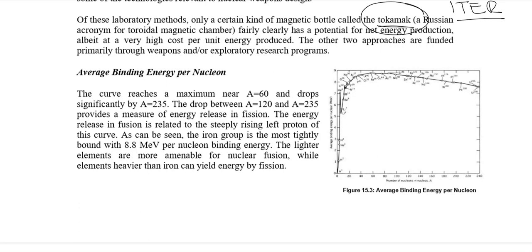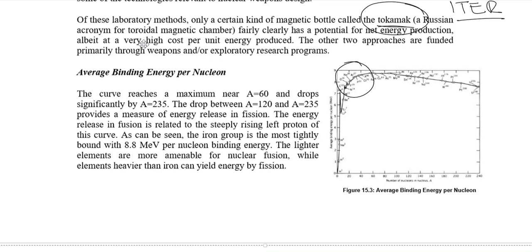If you look at this graph, the most stable nuclei in our periodic table are the iron nuclei, which is somewhere over here. The iron nucleus is the most stable nucleus among the elements, and that's why it occurs most on earth, with iron occurring more in the ore form.